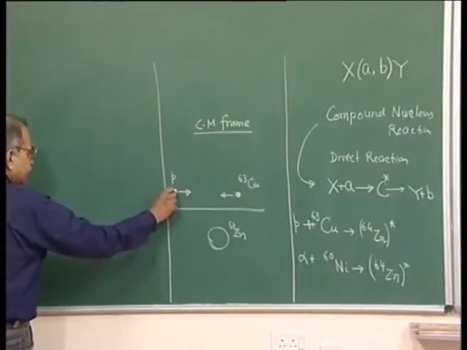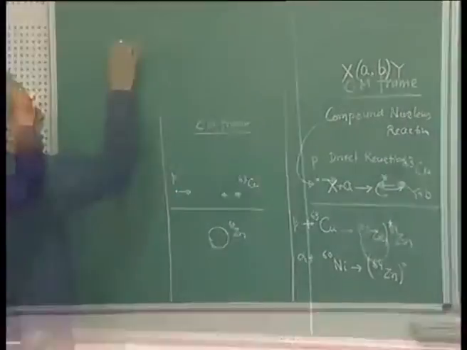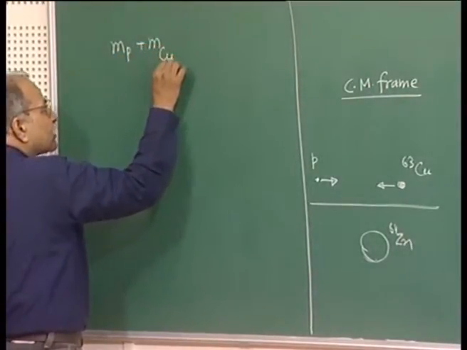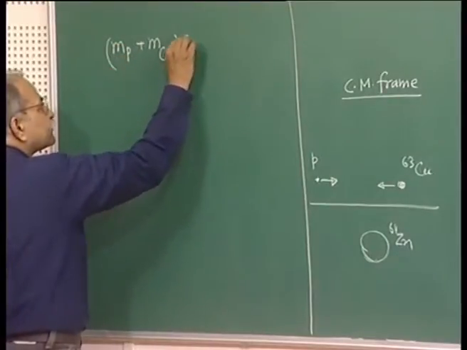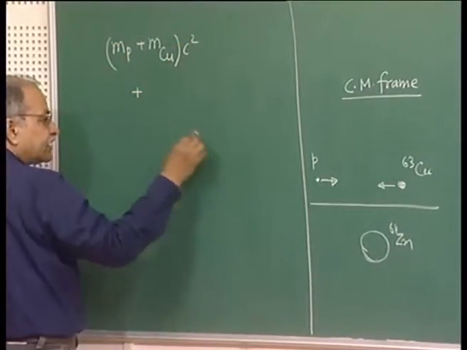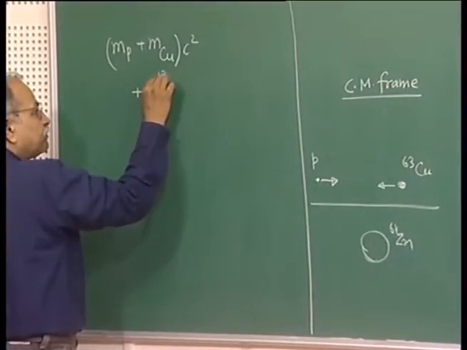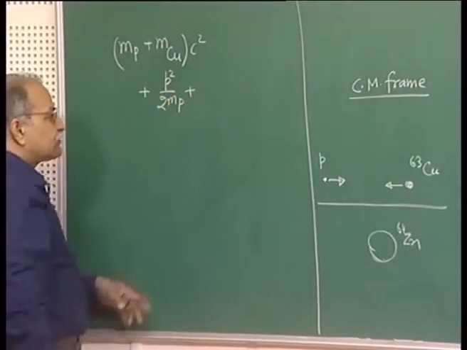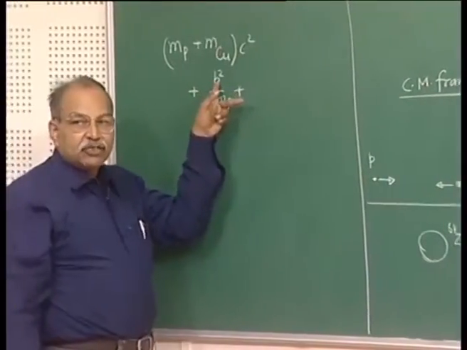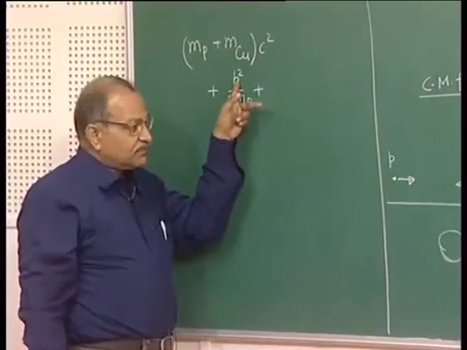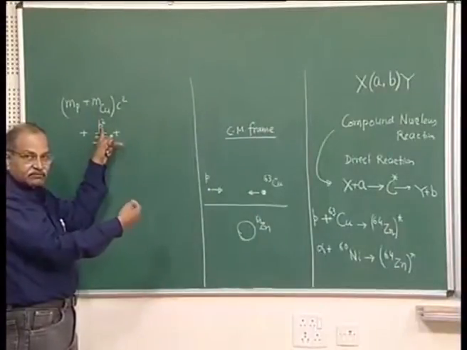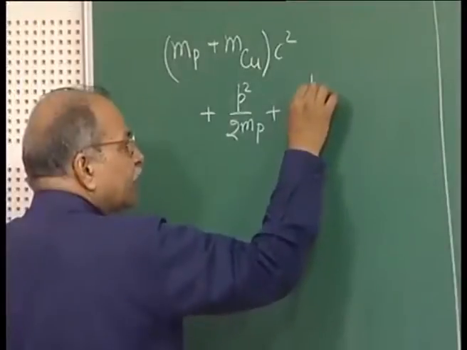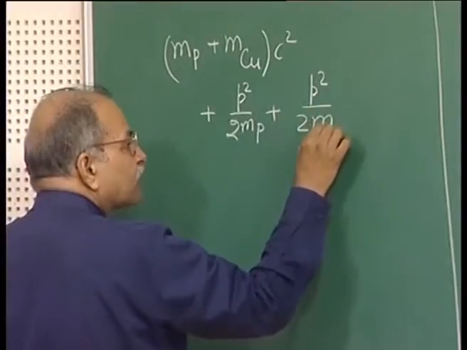So, if I look at the energy considerations, before the event it is the mass of proton plus mass of this 63 copper times c square, plus the kinetic energy of the proton, which will be p square by 2 m_p. Here p is the magnitude of the linear momentum of each of the two particles, because they have to be equal, and then the kinetic energy of the copper, which will be p square by 2 mass of Cu.